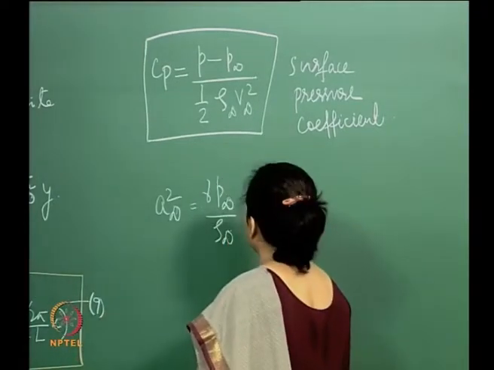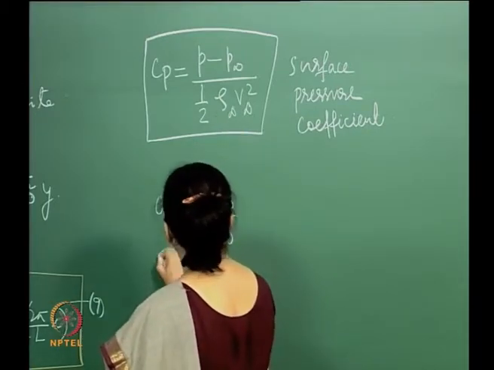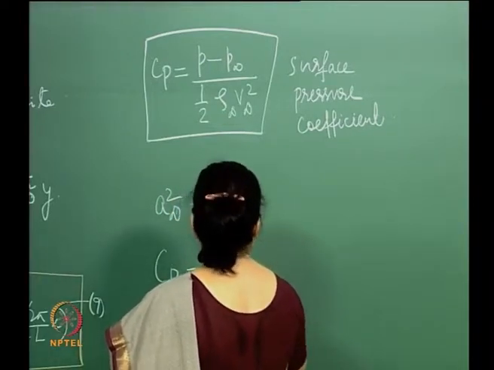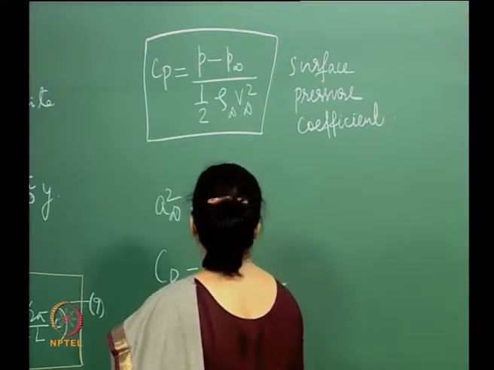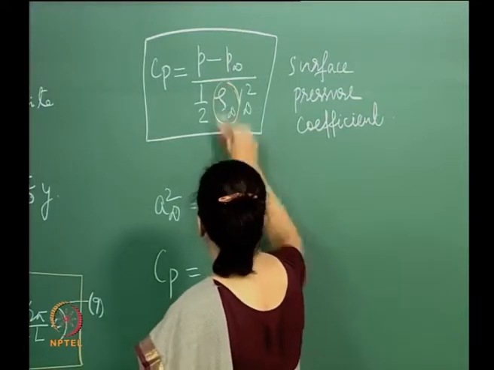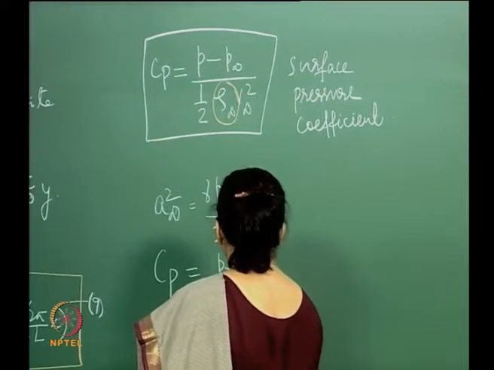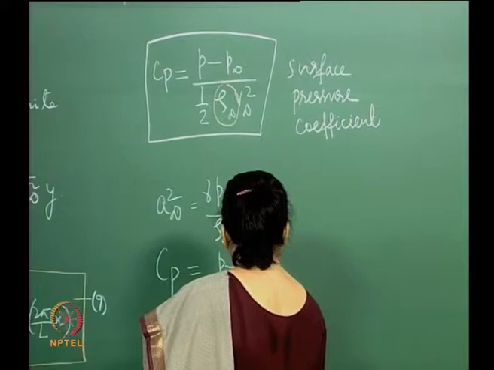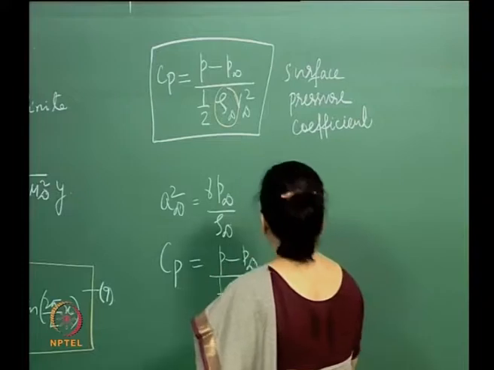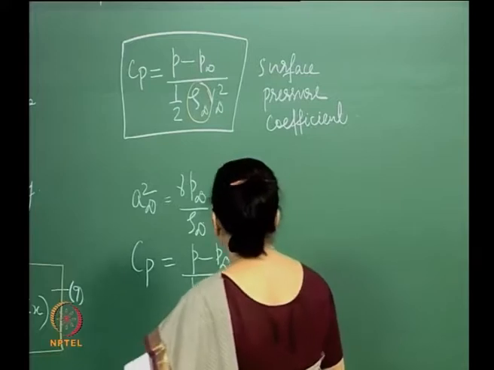So, if I do that, then what I am going to do is half this rho infinity, this rho infinity I am going to write in terms of the pressure and the speed of sound.